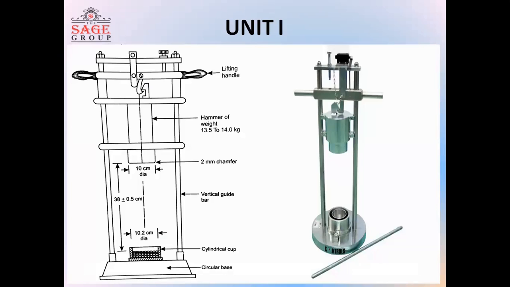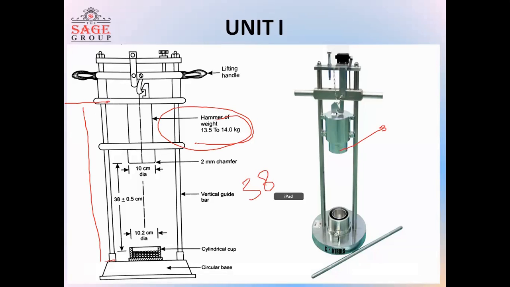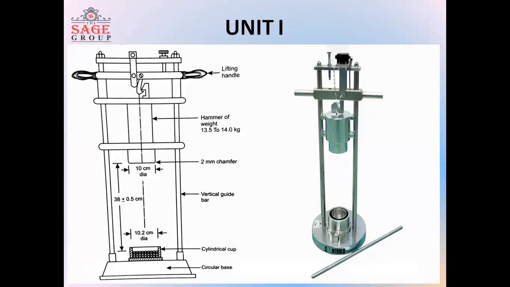This is the machine in which the impact test of the stone is done. This is the hammer, which has a weight of 13.5 to 14 kg. The height is 380 mm, from which the hammer is freely falling. This is the tamping rod by which the tamping is done 25 times.